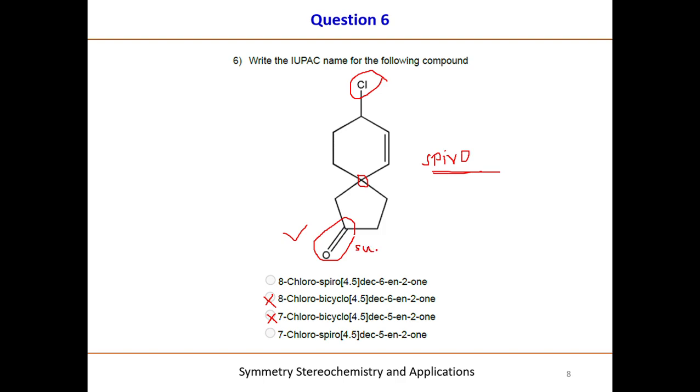We write the suffix last. The chlorine will become the prefix, so the name will start with the prefix. I will give the numbering here.